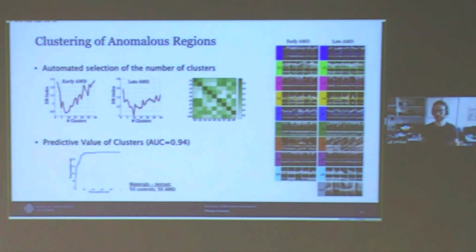So we could show that both the embedding and this clustering and identification of potential markers made sense.